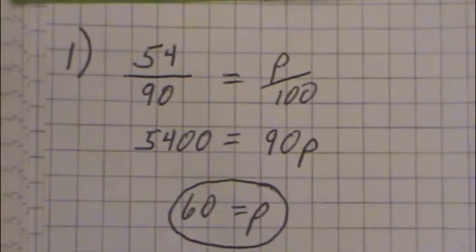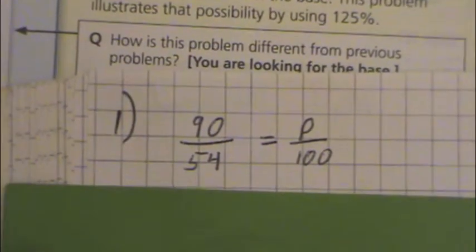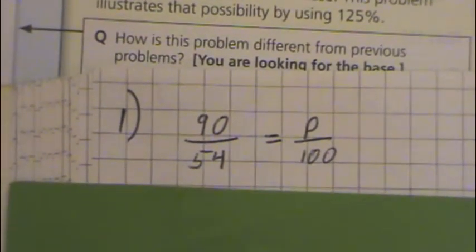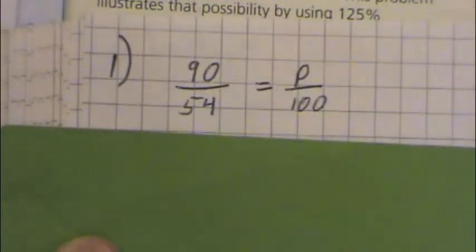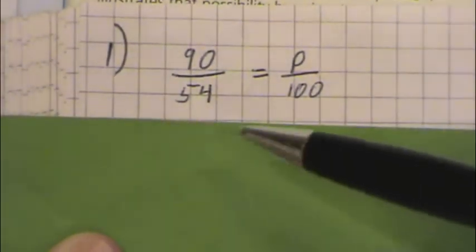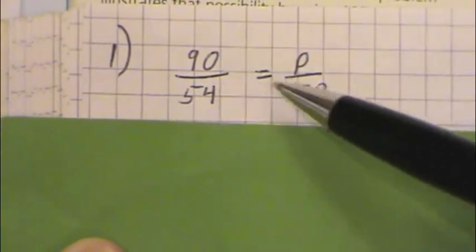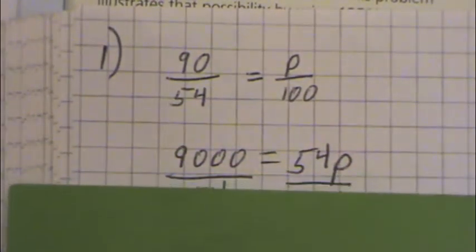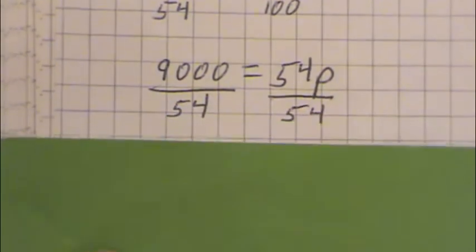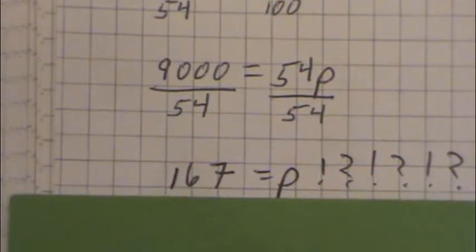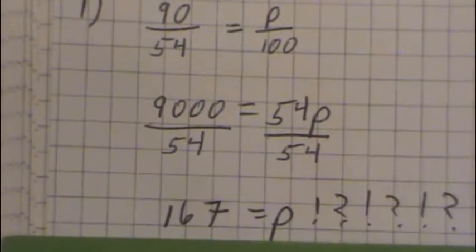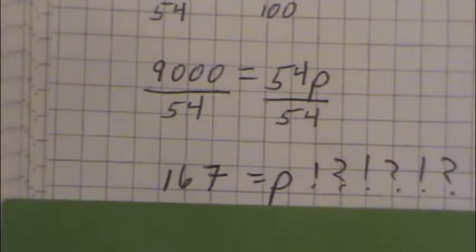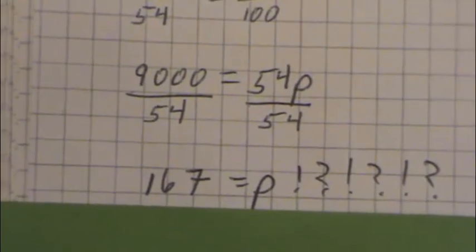Because you know now I'm scrutinizing my work very carefully. First time I did problem 1, I was zipping on through trying to get this finished, and I said, okay, what percent of 90 is 54? 90 over 54 equals P over 100. 9,000 equals 54p. Divide each side by 54. Wait a minute. How can 54 be 167% of 90?